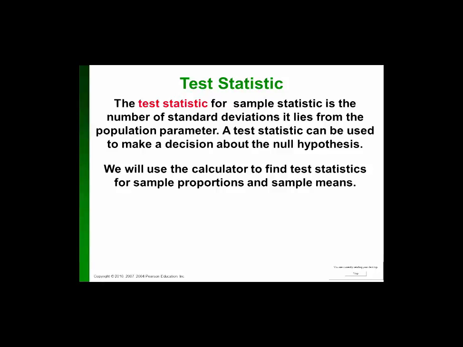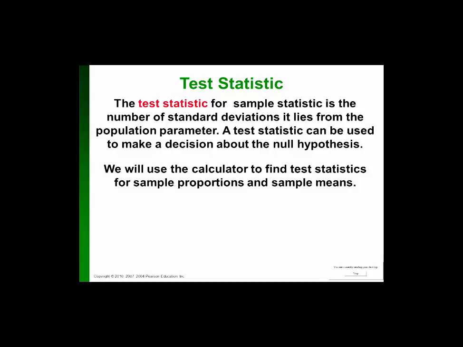But we're finding out how far something is from the mean, or from the population proportion, or from the population standard deviation. The test statistic is just how far away from the whatever it is.